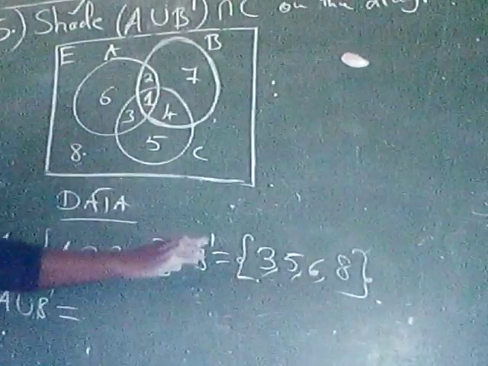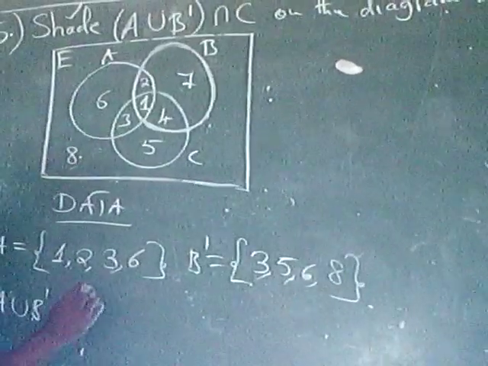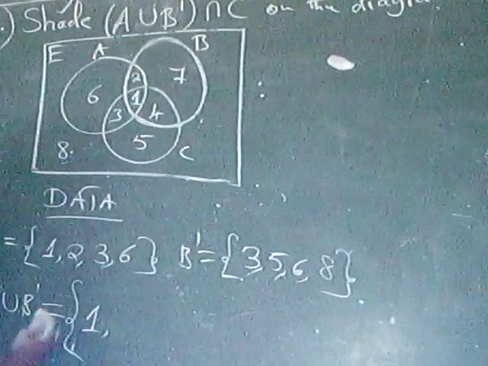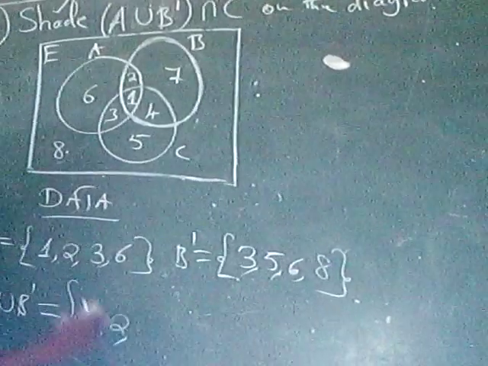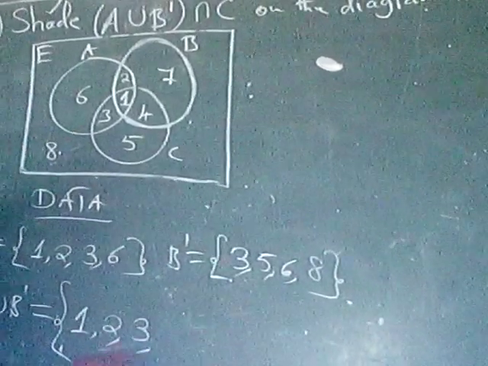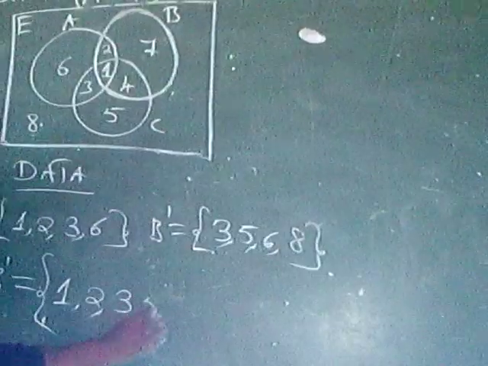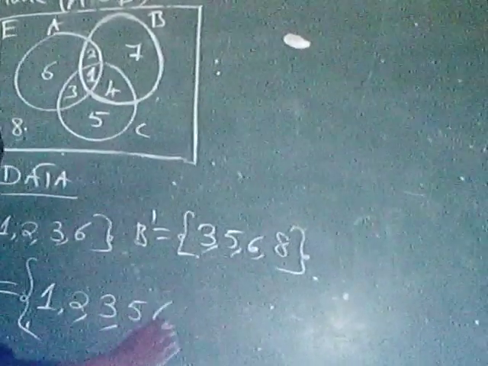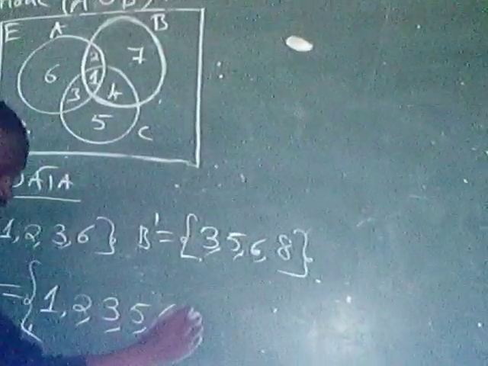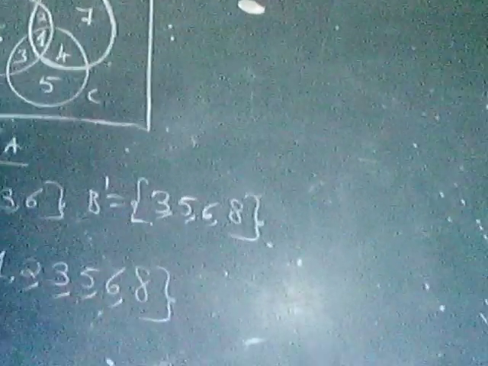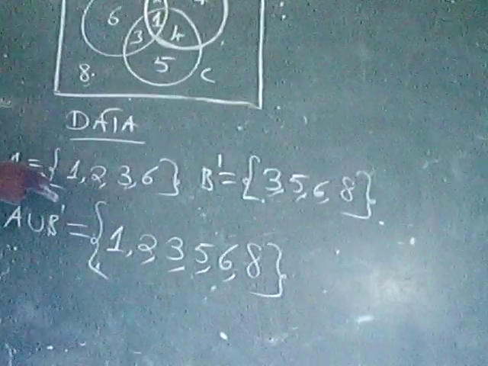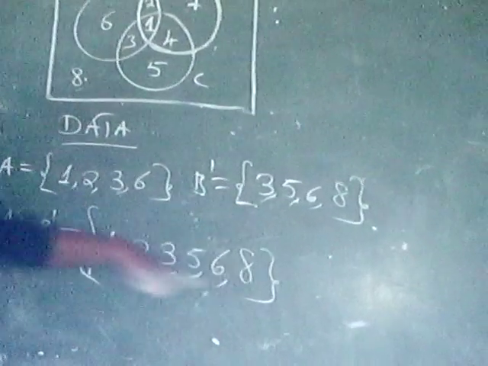So let's write them in order. We have 1, 2, 3, 5, 6, and 8. This is A union B complement. Are we there? This is it here.